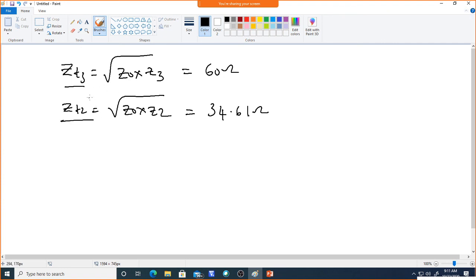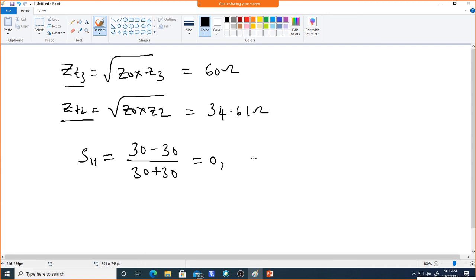So now we need to find the S matrix, because we need to see whether it is lossless or lossy. Okay, so for that S11 we know, ZL minus Z0 at the input side, that is at port 1. If you see at port 1, the input impedance is 30 ohm and the characteristic impedance is 30 ohm. So S11 will become equal to 0.